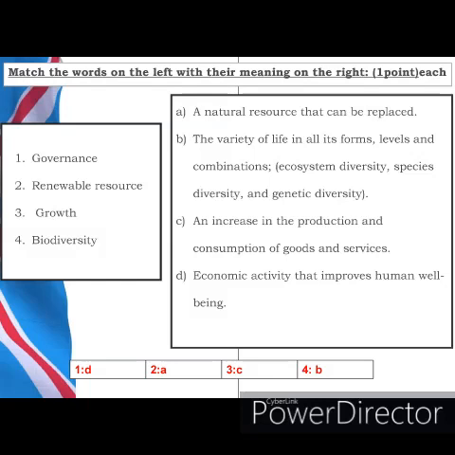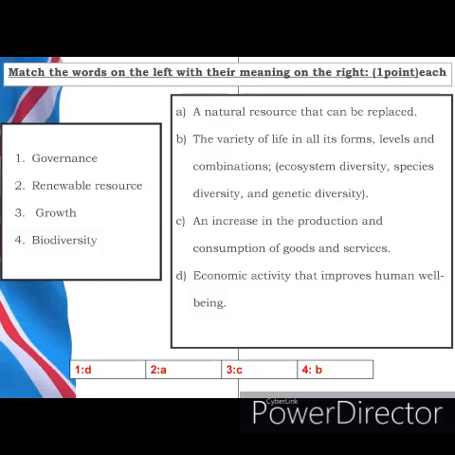Okay, let's start with the first one, governance. Governance goes with what? Goes with the D. Governance refers to economic activity that improves human well-being.